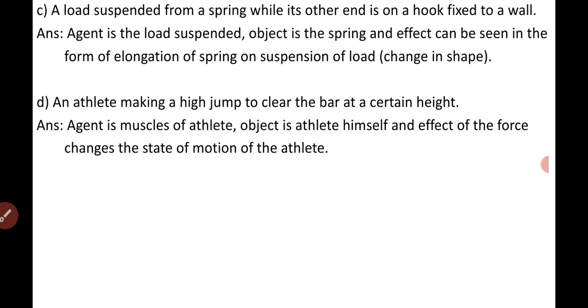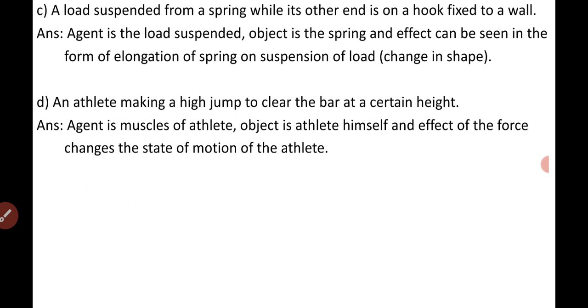And on what object is the force exerting? The force is exerting on the athlete himself. Object is athlete. And what is the effect of the force? The effect of force changes the state of motion of the athlete. Clear? So these are the answers of question number 5.